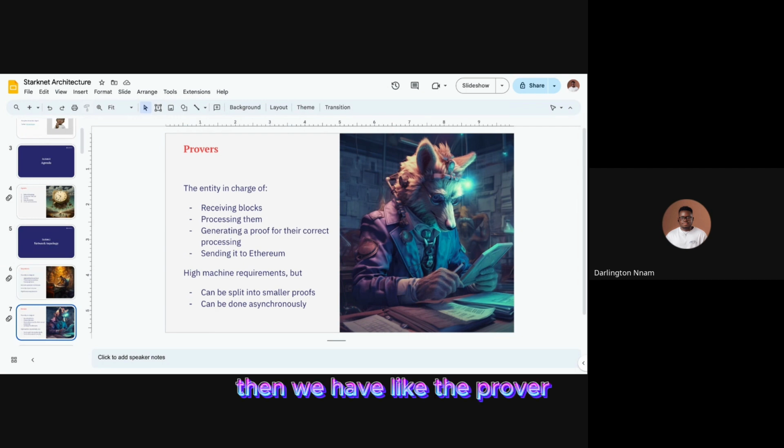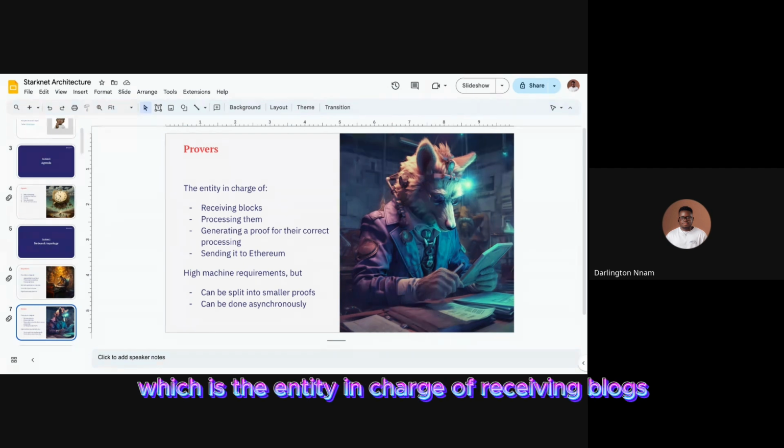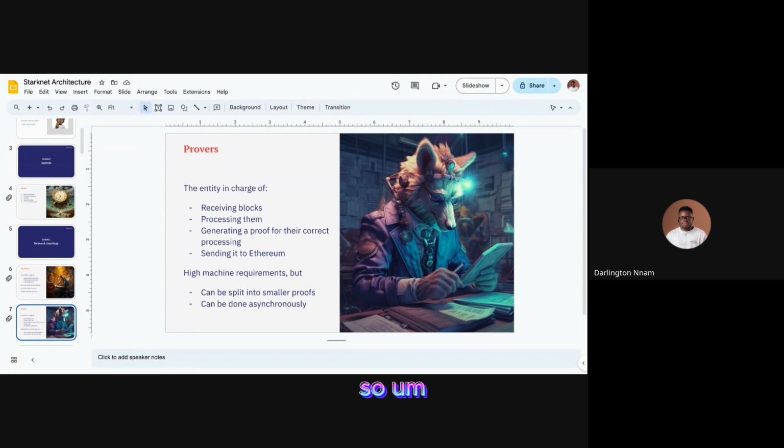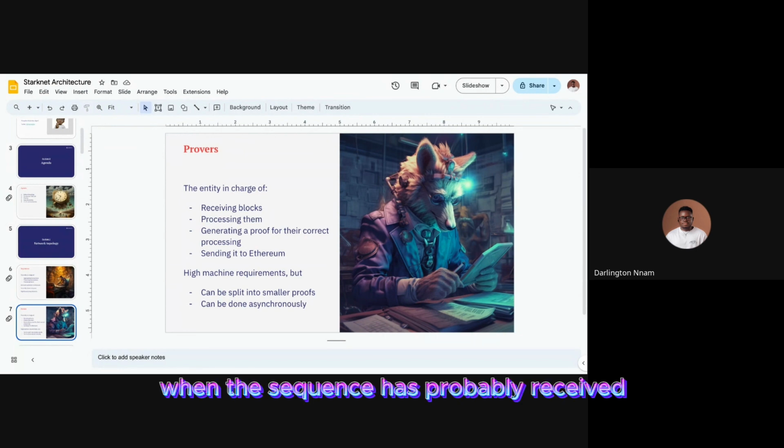Then we have the prover, which is the entity in charge of receiving blocks. When the sequencer has received transactions and put them in a block, it's passed on to the prover, who is responsible for processing the blocks and generating a proof of their correct processing. The prover is also responsible for sending these proofs to Ethereum, where they are stored in the facts registry.